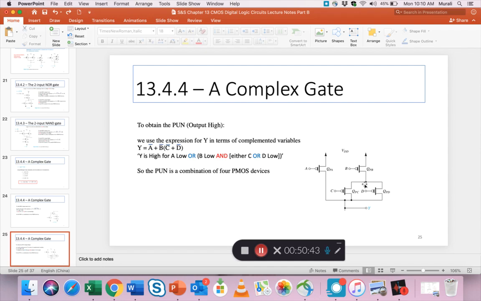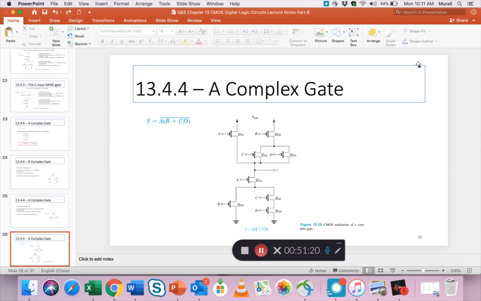So B low and gives you a series of B low with this stuff. Then finally coming out a little bit, A low or all of this low. And so for A to be low in parallel with all of this, it comes out like this in parallel. So the PUN is a combination of 4 PMOS devices because only the PMOSs work when A and B and C and D are low. Okay?